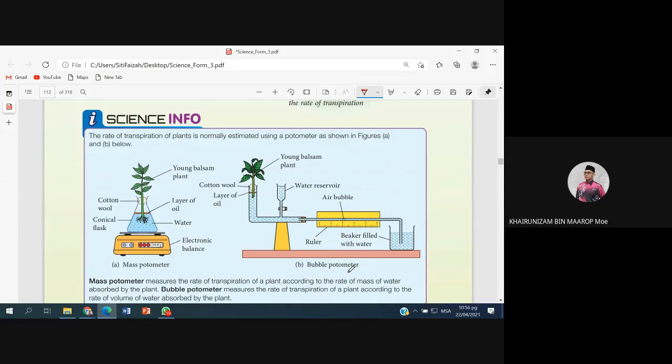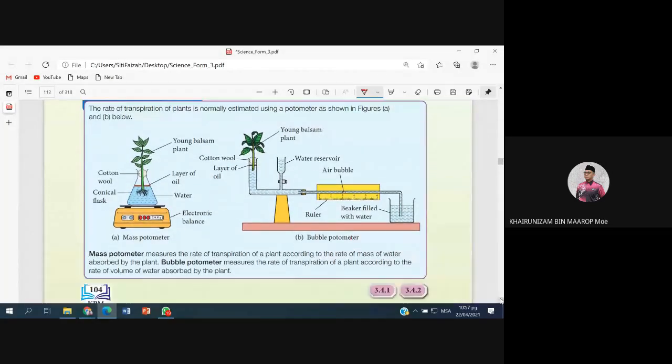So we can find out the rate of transpiration of a plant using this method. So the mass potometer measures the rate of transpiration according to the mass of water absorbed by the plant.